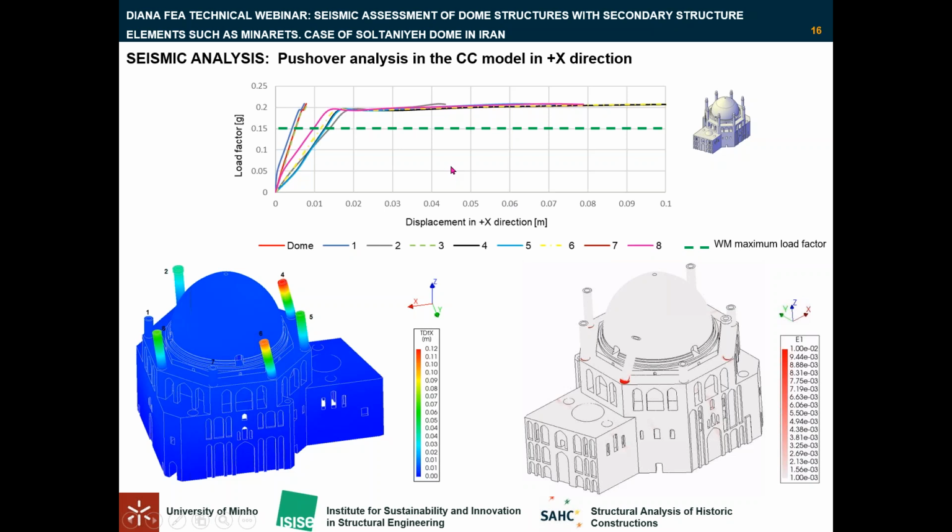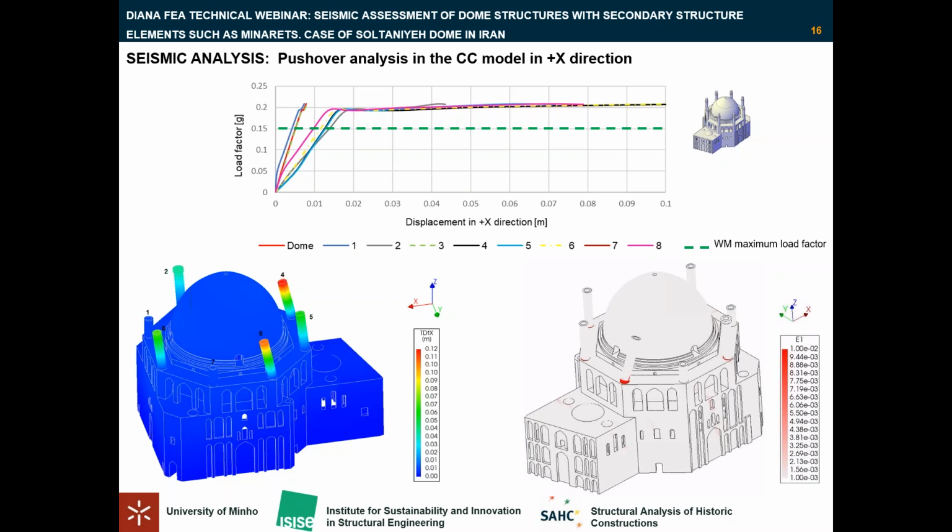This result for minaret number 7 confirms the result from the previous analysis on the model with minarets, indicating that minaret number 7 is susceptible to collapse against lateral loads, irrespective of its different height in the original and current condition model.